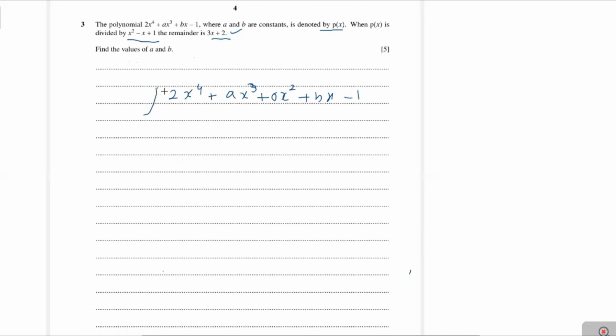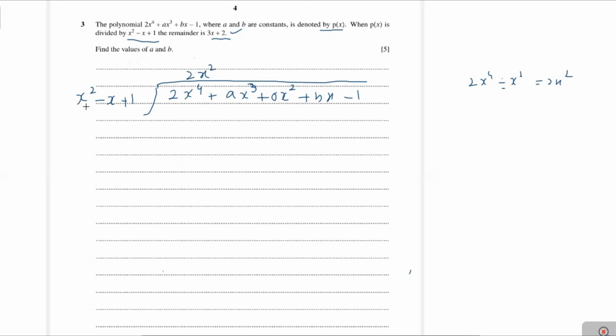Now we divide this polynomial by the expression x squared minus x plus 1. The method is that we divide 2x to the 4 by x squared, we get 2x squared. Now with the 2x squared, we multiply the whole expression.